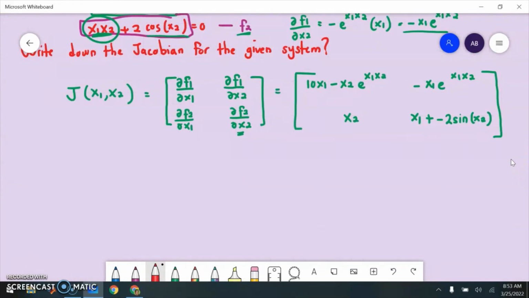Okay, let's try one more example since we have time. We still want to just learn how to find the derivative.